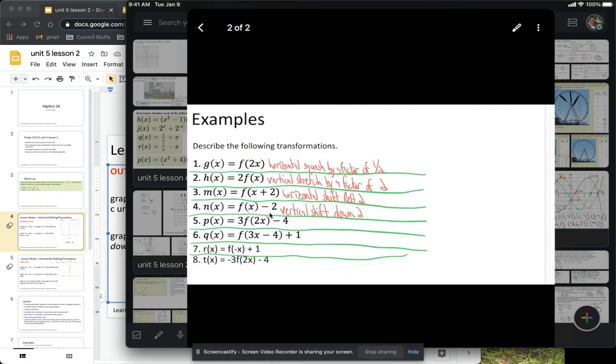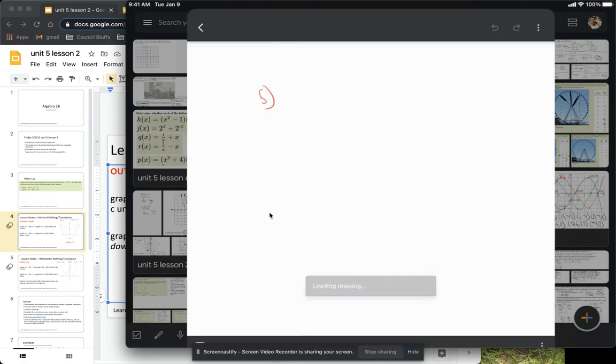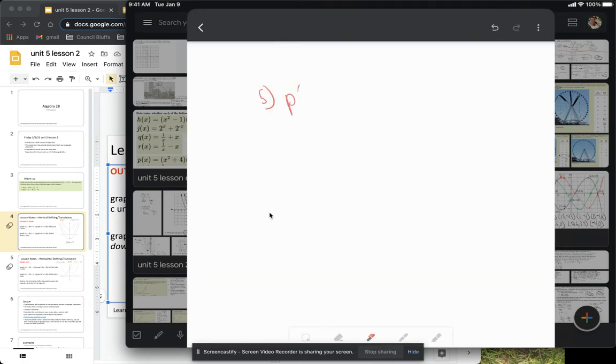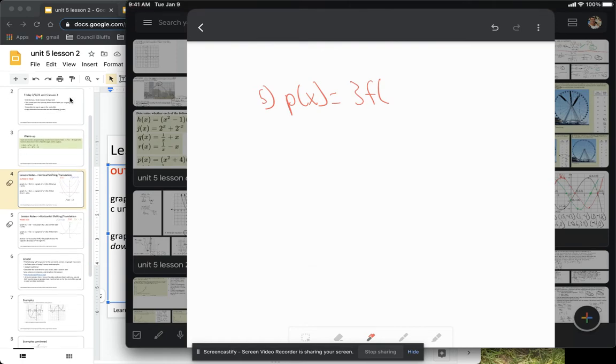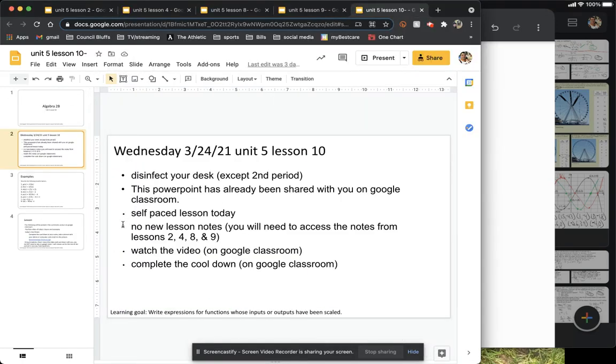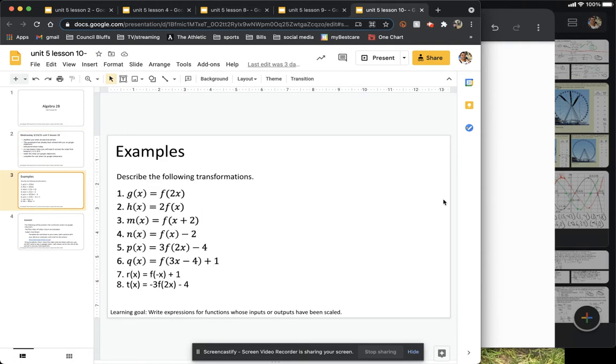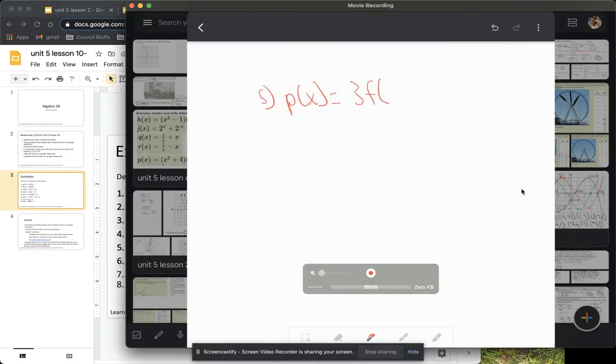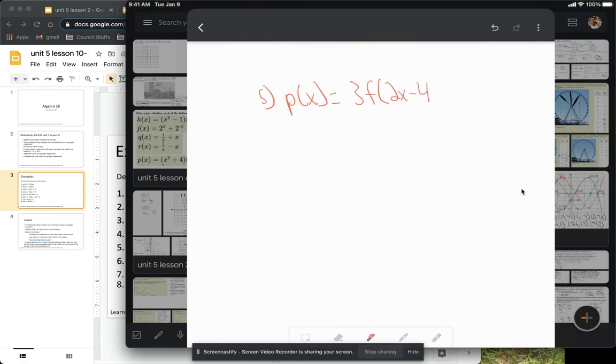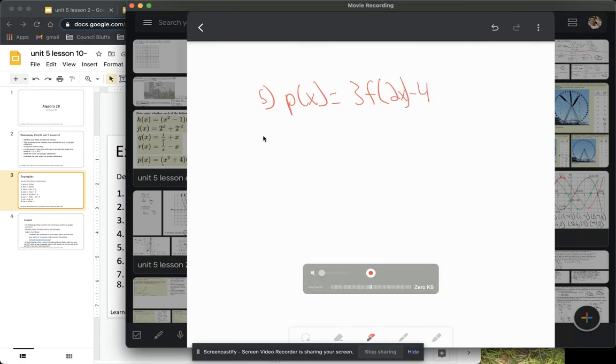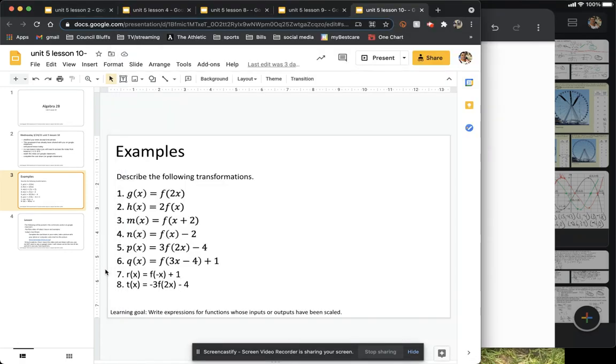So p of x equals 3f of 2x minus 4. Did I copy that right?